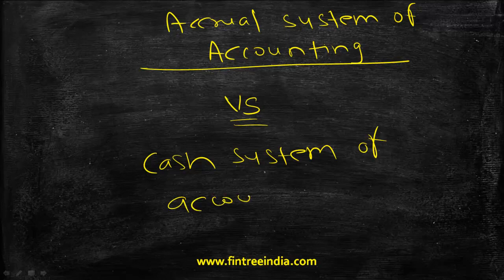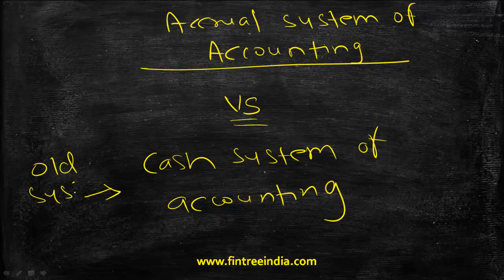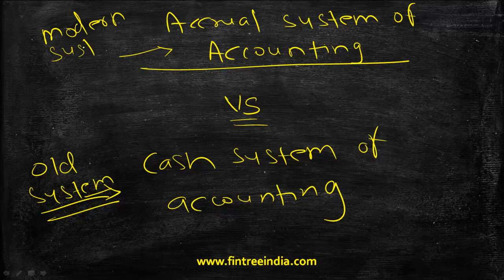Just for simplicity and understanding purpose, I'm going to write this down as a very old system of accounting which is not used so extensively anymore, whereas accrual system of accounting is the modern system on which the entire modern accounting is based.